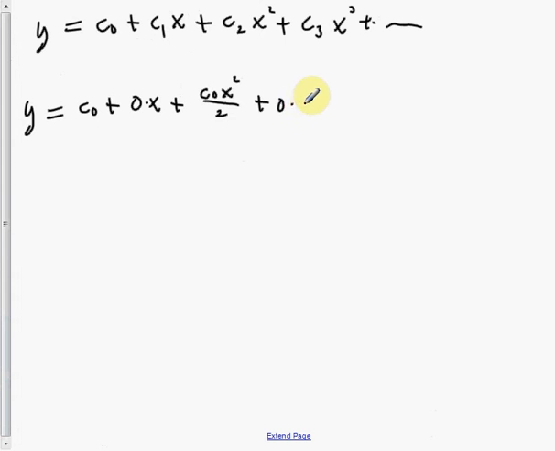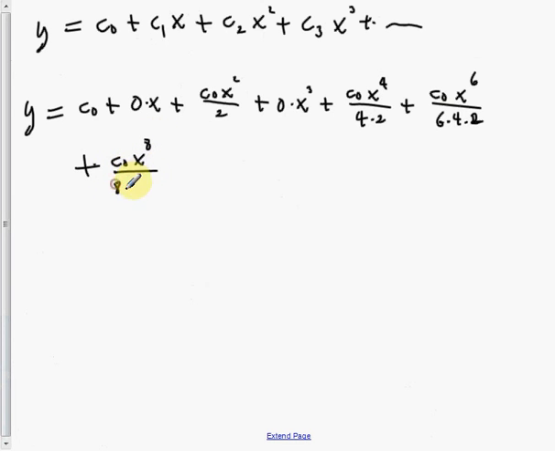Plus 0 times x to the third plus c naught times x to the fourth all over 4 times 2, plus, you kind of see the pattern, c naught times x to the sixth, and this is 6 times 4 times 2. Put one more in there, plus c naught times x to the 8th, and I believe that's 8 times 6 times 4 times 2.